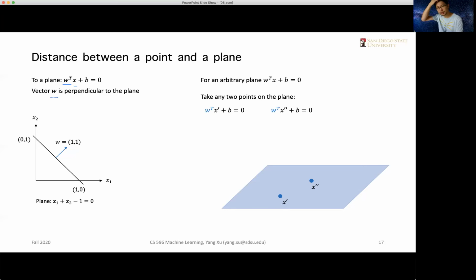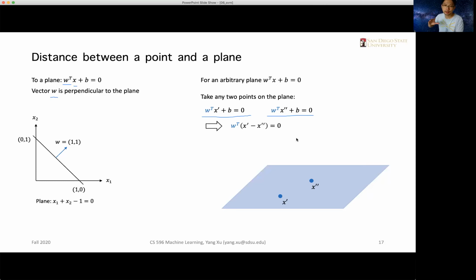Because they are on the plane, they must satisfy the equations, right? W transpose times x prime plus b equals 0, and this one is also 0. So if we subtract one equation from the other, we would have this. The b's are gone, right? We have W transpose times (x prime minus x prime prime) also equals 0.